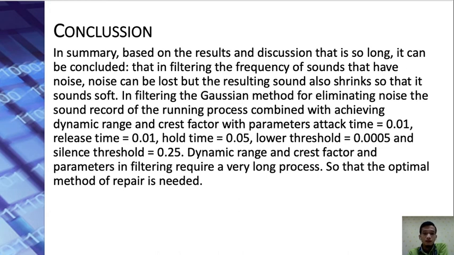In filtering with the Gaussian method for eliminating noise, the sound recording of the running process combined with active dynamic range and crash factor uses the parameters: attack time 0.001, release time 0.01, hold time 0.05, lower threshold 0.0005, and silence threshold 0.25.